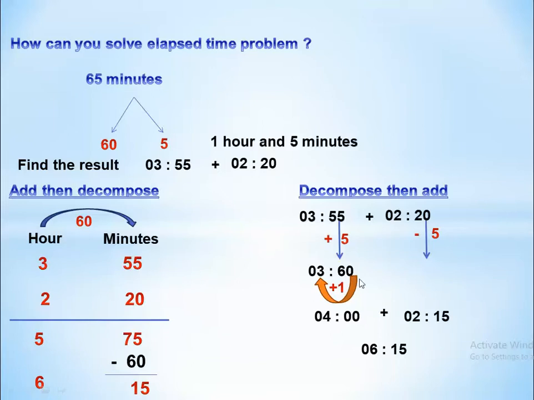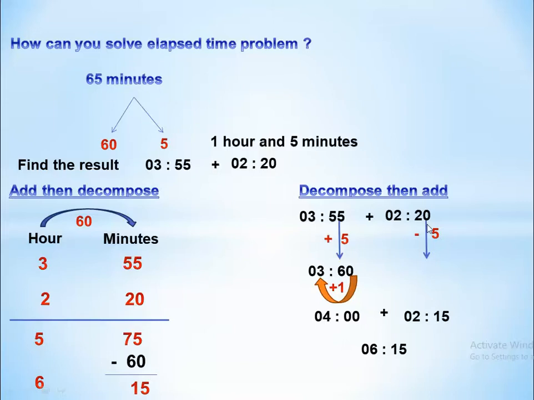The other strategy is decompose then add. We agreed that we want 55 minutes to become 60 minutes. 55 is closest to 60, so I will add 5, and this 5 which I add I will subtract from the other minutes.